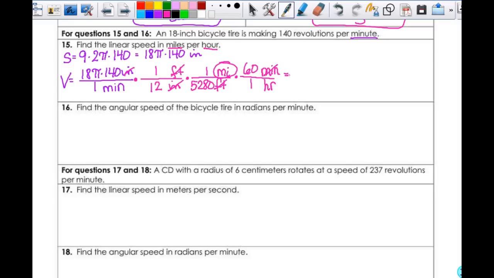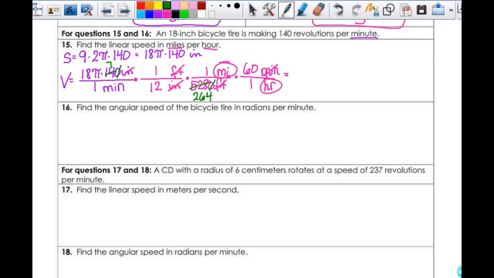So here's where I am. I've got my miles per hour, and I'm going to start reducing some stuff. All right, so let's see if I can get this 18 and this 140. I don't like 140 as much as I like 60, so divide these 10s out, get rid of that. 528, half of that is 264, and that gives me 7. 7 does not divide evenly into 264.